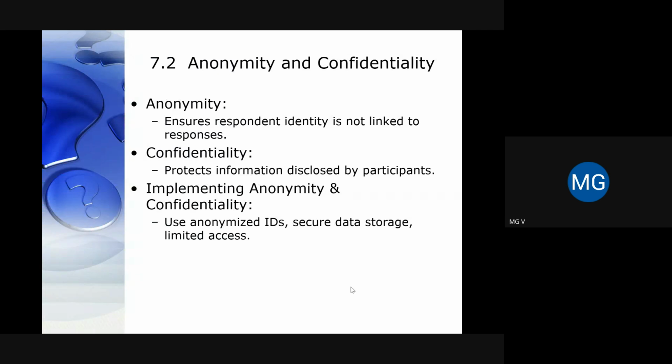Techniques for maintaining these standards include using anonymized IDs for each respondent, storing data in secure databases, and limited access to only essential personnel. These measures help build participant trust, which in turn improves response accuracy and research reliability.